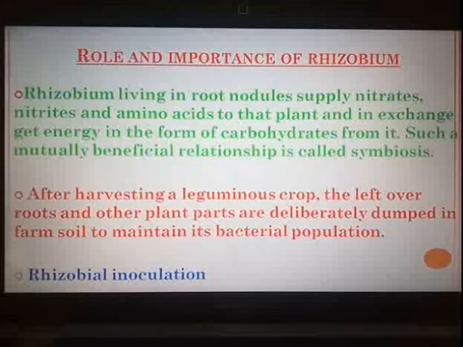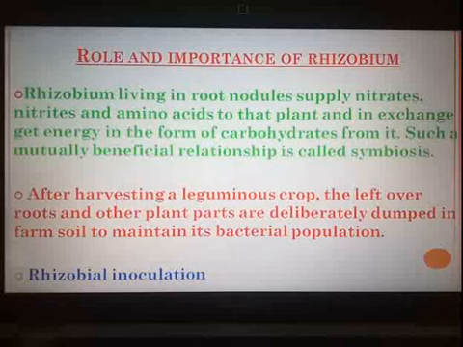This has helped in the supply of nitrogen to cereal and other crops besides the leguminous crops. Rhizobium requires the roots of leguminous plants to supply nitrates, nitrites, etc. But due to rhizobial inoculation, the other cereals and crops besides the leguminous crops also get the supply of nitrogen.